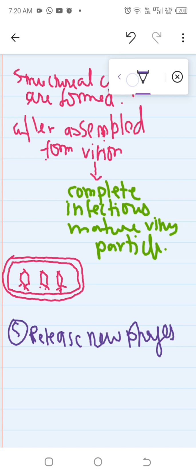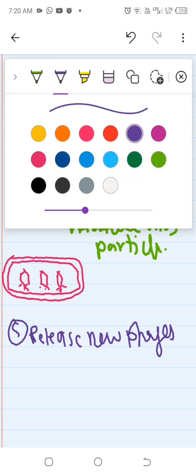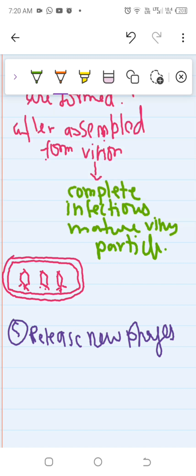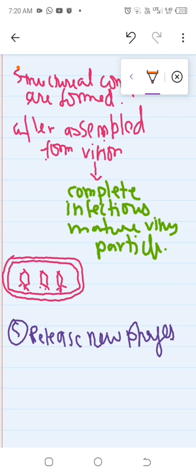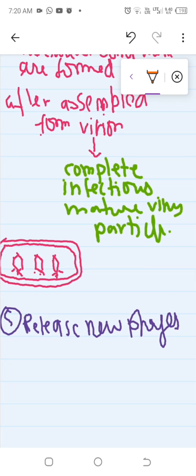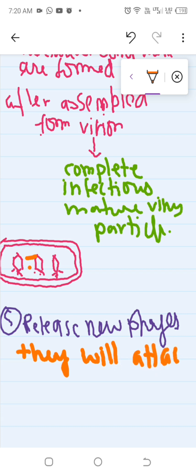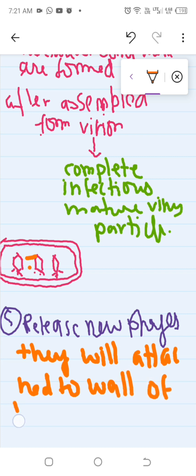Now these new phages which are formed will be released. So here you can see, when these new phages are formed, they will attach to the wall of the bacteria from inside.